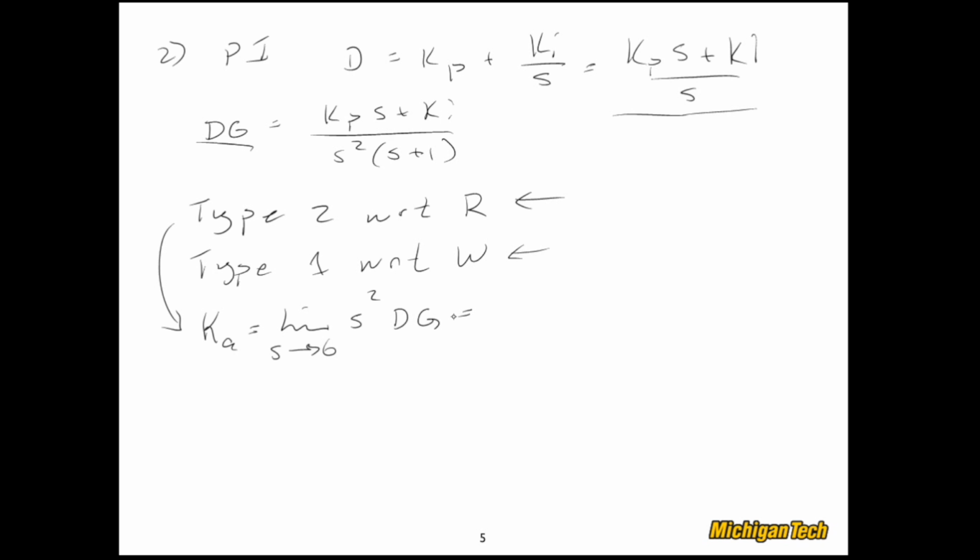And so what this gives me is Ki. And the steady state error to a parabolic input would be 1 over Ki. And what this says then, just like in the other case of the proportional controller, is that as Ki goes up, my steady state error goes down.